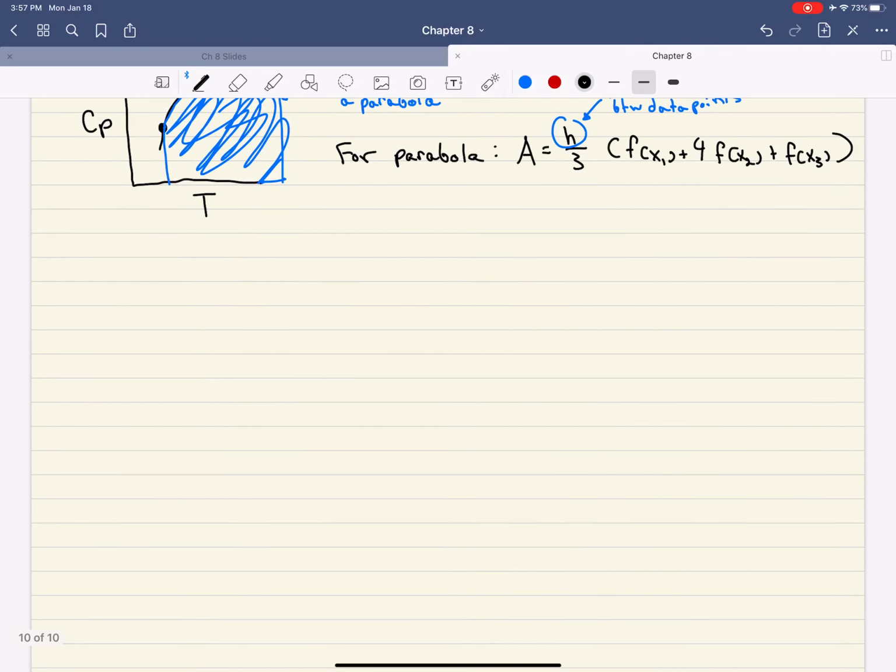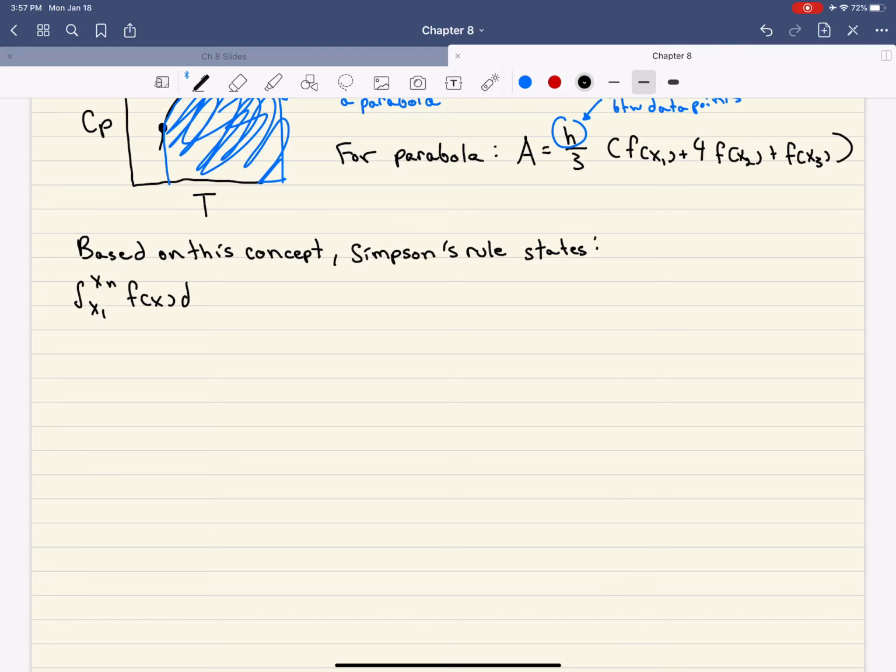Right? So based on this concept, what Simpson's Rule states is the following: if you're integrating some data, f of x, from x1 to xn, Simpson's Rule is going to break down into this formula.